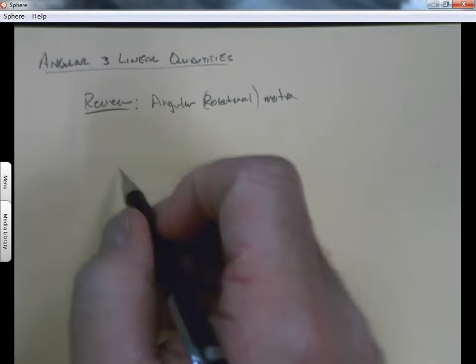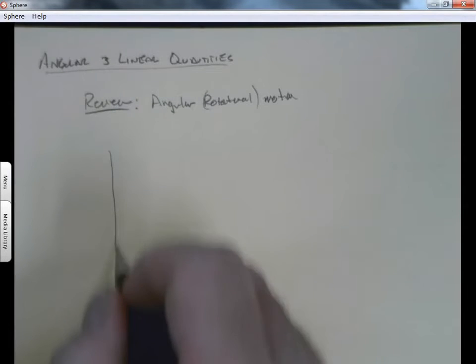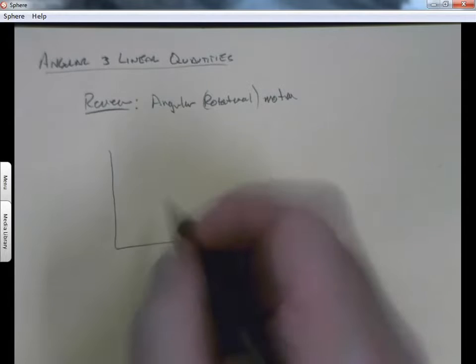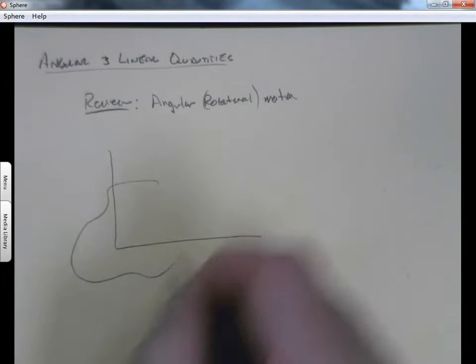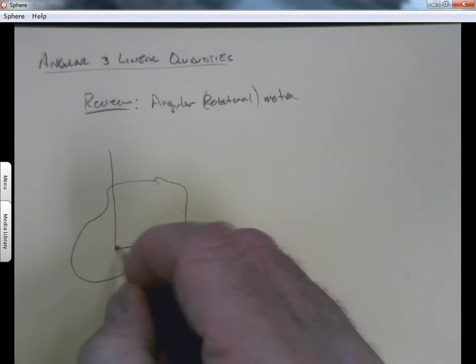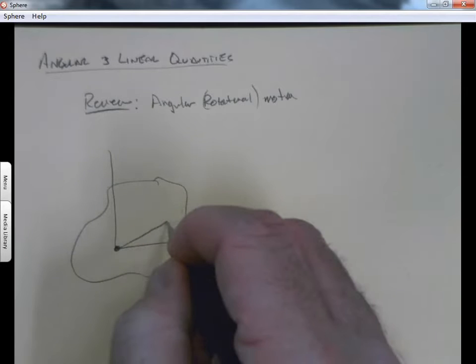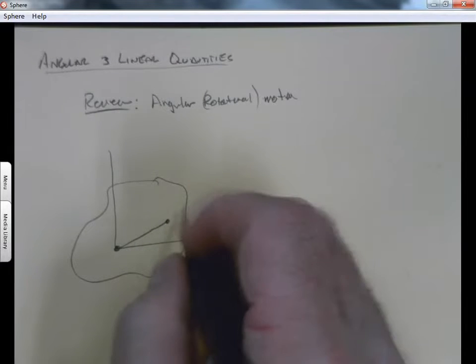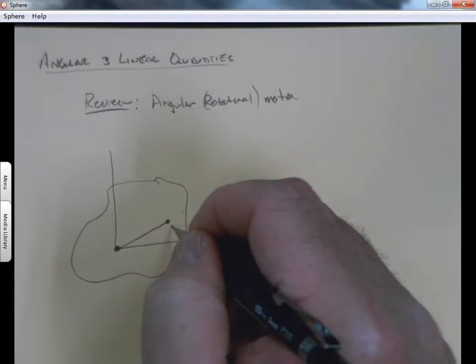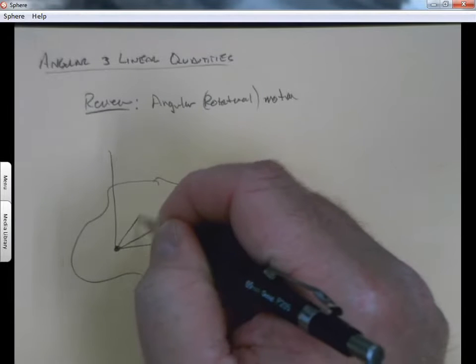All right, we have this object. And if this is our axis of rotation, then we have a place here, and as it rotates, it moves to here.